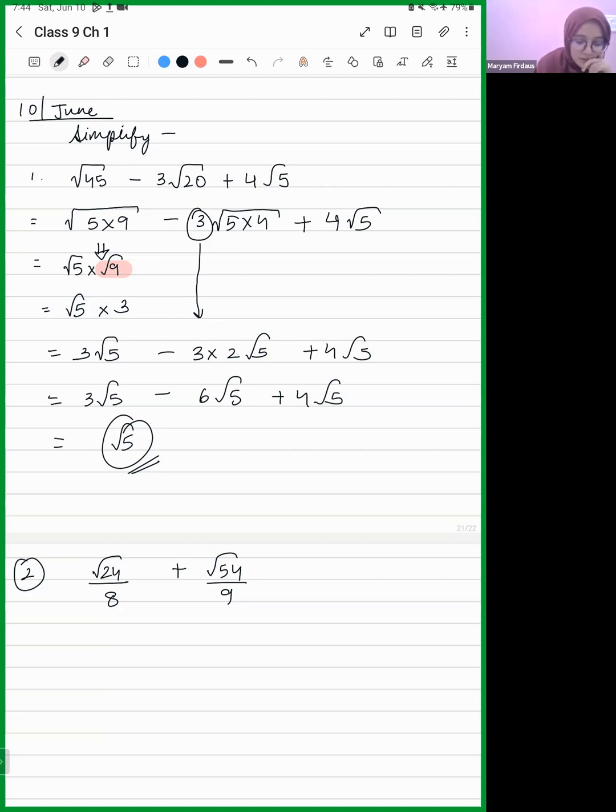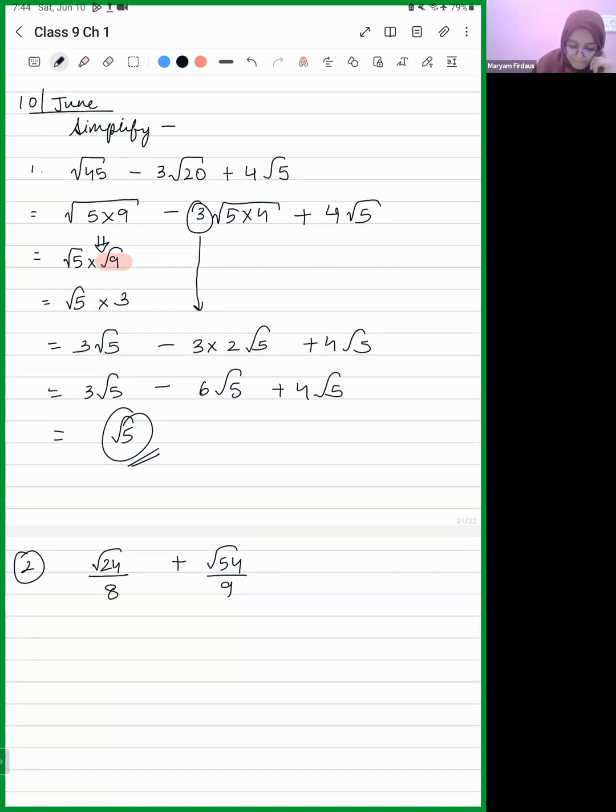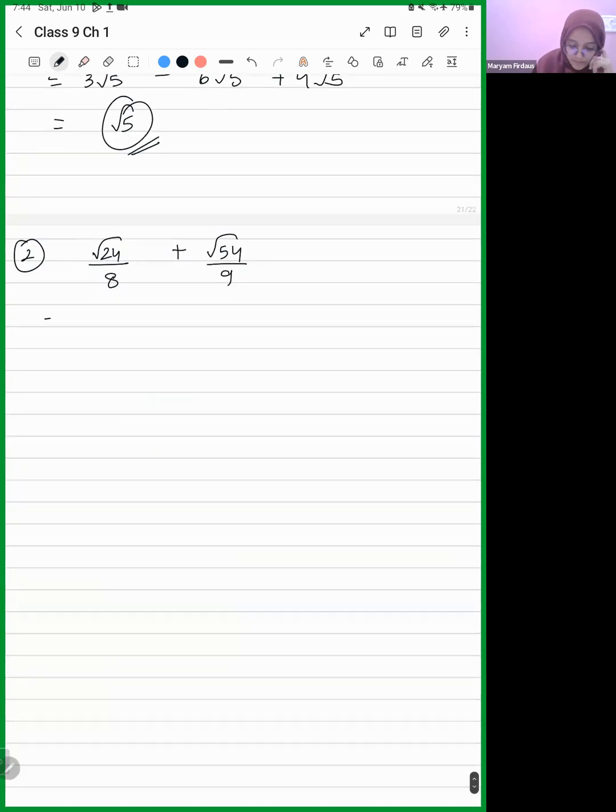What should we do first? Root 24 goes to 6 into 4. Very good. 6 into 4. Or let's write it as 4 into 6. It's the same thing, but let's just write it as 4 into 6. Then 54, ma'am, 9 into 6.